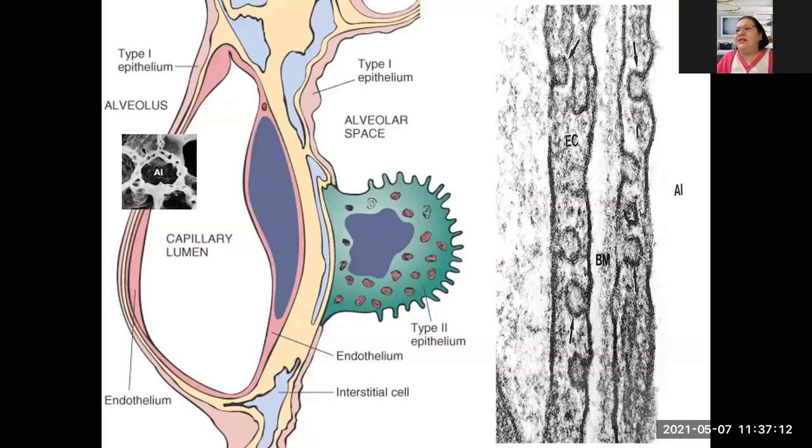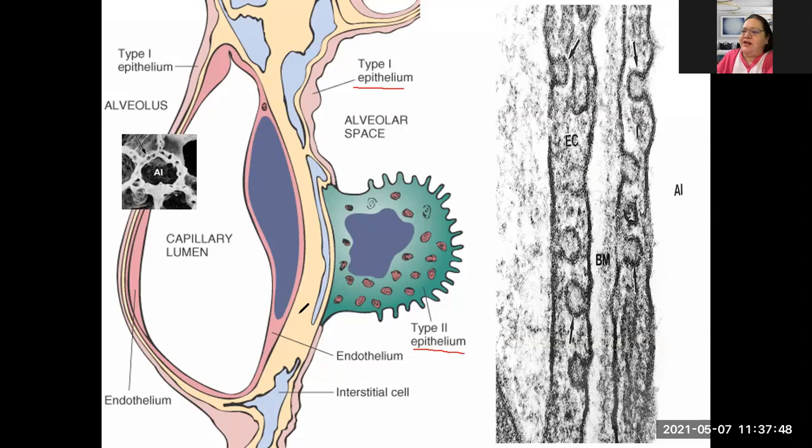So let's look at the diagram here. So you have your endothelium. And then you have your interstitial cells, you have your epithelium, your type 1 epithelium, and then you have your type 2 epithelium.